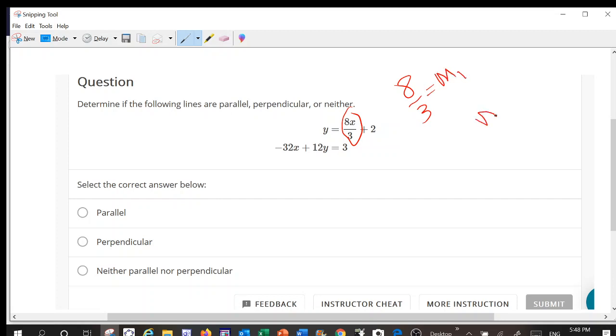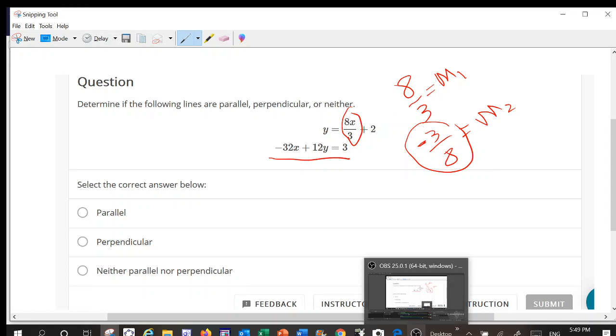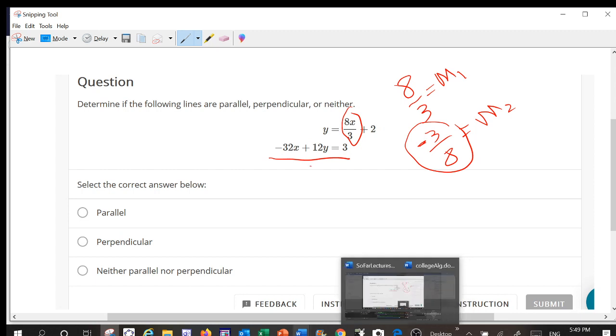Now, for these two to be perpendicular, M2 has to be negative 3/8. If the slope is that, then they're perpendicular. If they're equal, they're parallel. If they're just different but not in this form, then they're neither.